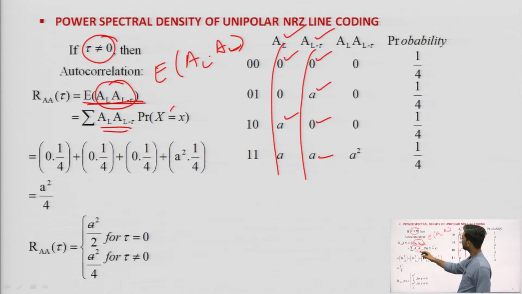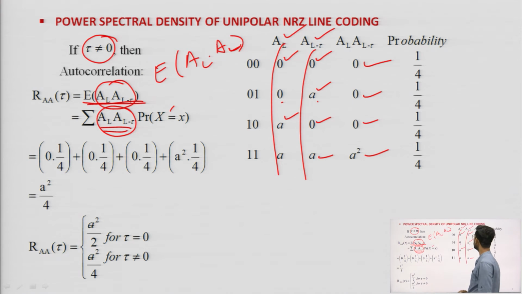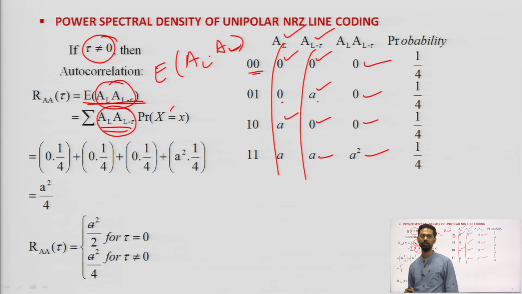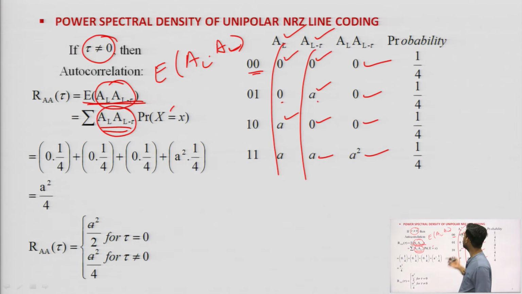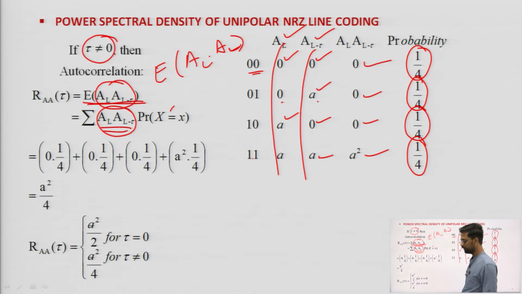Now I need A_L multiplied by A_L minus tau. This would be 0, 0 multiplied by A is 0, A multiplied by 0 is 0, and A multiplied by A is A square. And what is the probability of getting each pair? As only 4 outcomes are there, we have equal probability: for 0, 0 it is 1 by 4, for 0, 1 it is 1 by 4, for 1, 0 it is 1 by 4, and for 1, 1 it is 1 by 4.